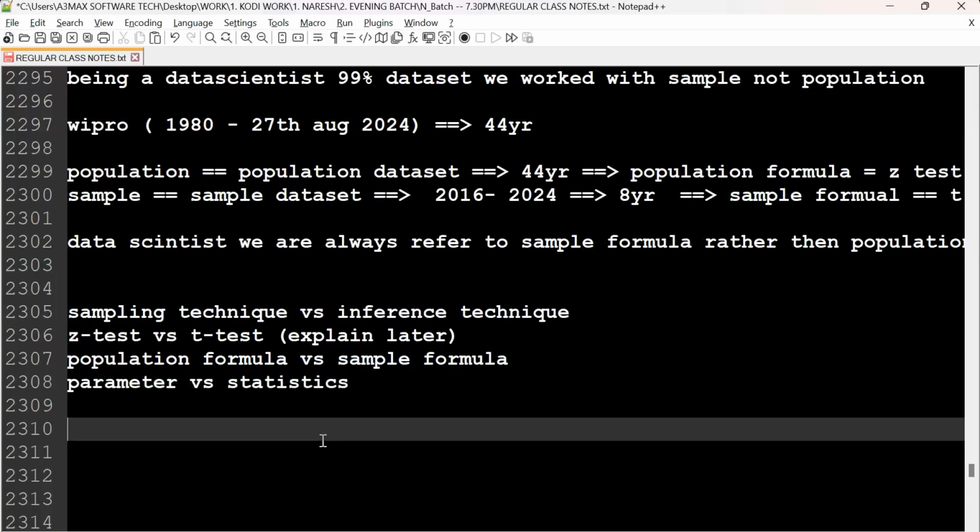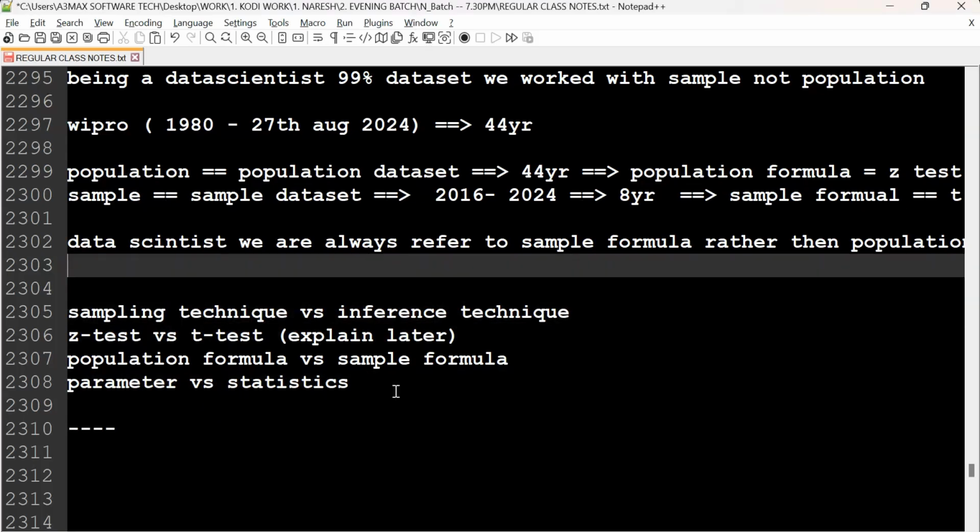In a sample, do we use the sample formula or the population formula? Sample formula. So in the code, every time we get the T-test. Very good. Clear now? Online team, very simple things, please try to understand. Good.